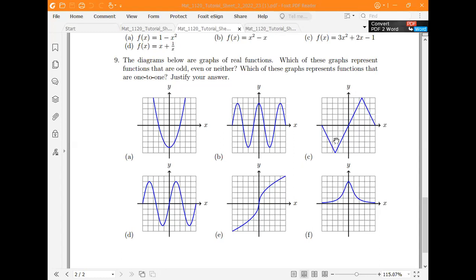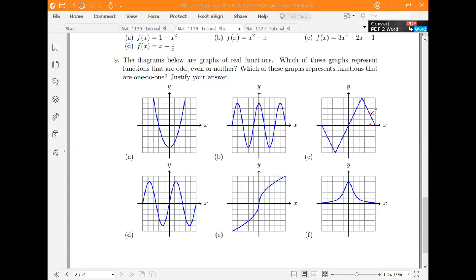Okay. C is an odd function. Because when you substitute a positive value here, it will give you a positive number.